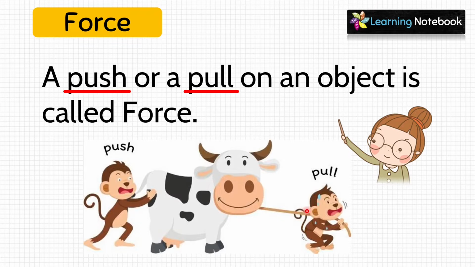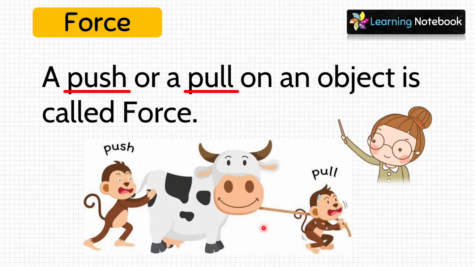This monkey is pulling the cow. And what is pull? A pull is when we move the thing closer to us. So this monkey is pulling the cow, that is, he is moving the cow closer to him.